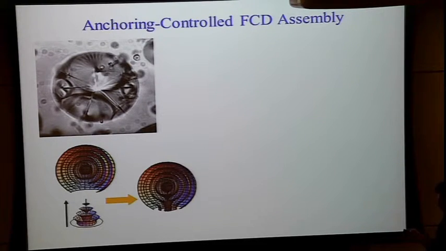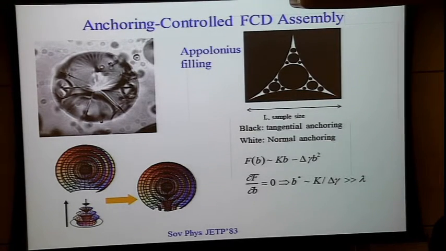Of course, you have to pay the price of distortions different from the spherical one. So that's fine, but you just continue to do that because you know that the surface energy scales as W R squared, and the elastic energy scales as K B, where B is now the radius of the circular base of the focal conic domain.